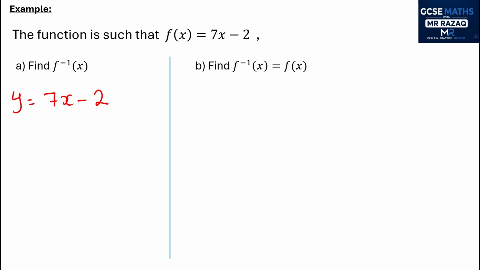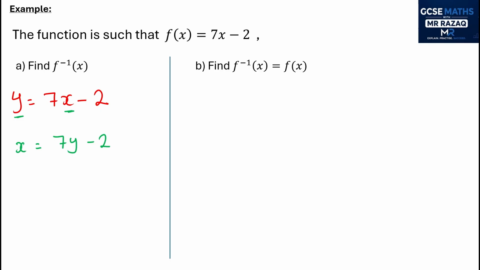And then, if you've watched my previous video on inverse functions, I'm going to swap both of them. So instead of y, I'm going to write down x. Instead of x, I'm going to write down y minus 2. And now I'm going to rearrange this and make y the subject of the formula.